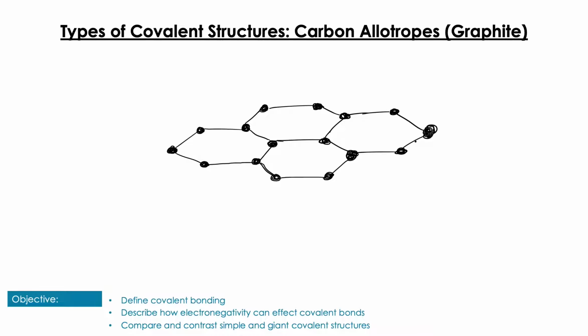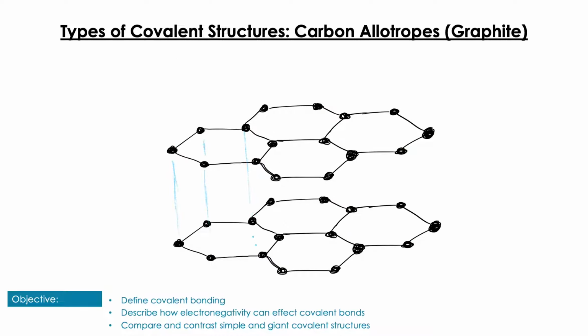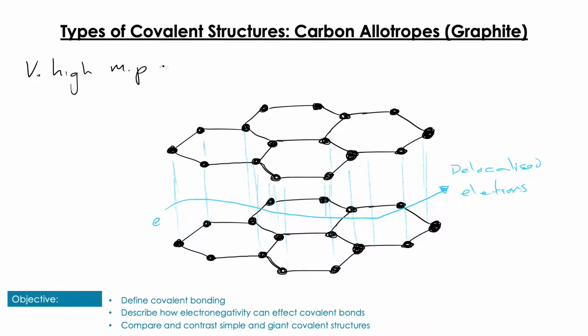And instead of having 4 bonds between each carbon, we have 3 bonds between each carbon, and then those layers are on top of each other. So that extra electron that carbon has, instead of forming that 4th bond, kind of gets delocalized between the 2 layers. So it still has a very high melting point and sublimates just like that of diamond.